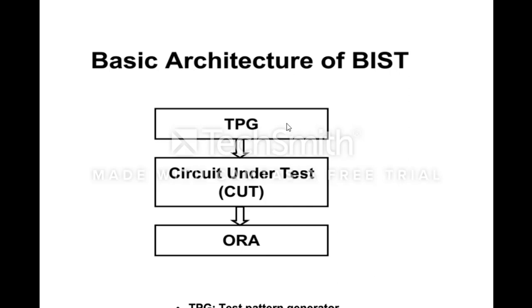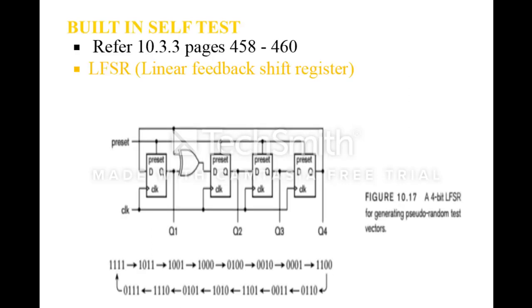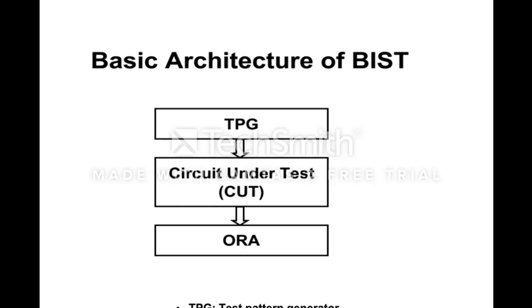For that we require a test pattern generator to test all the combinations, and the outcome goes to the response analyzer. This is the basic architecture for BIST. Now we'll be discussing different kinds of test pattern generators used in built-in self-test.